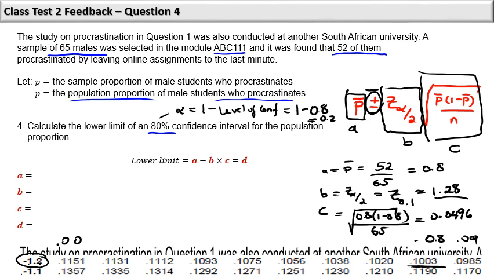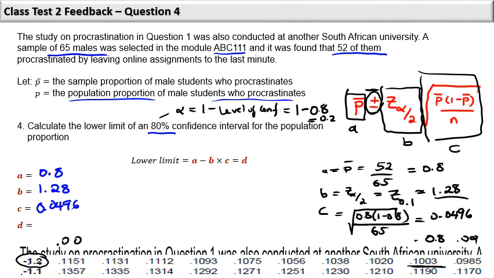Our question, they're asking for your A value. Your A value will be 0.8. Your B value, which is your Z value, will be 1.28. And then your C is your standard error, which is 0.0496.